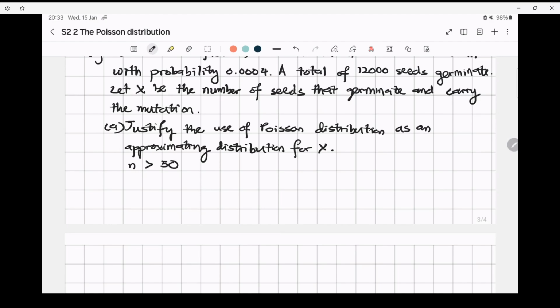You don't need to calculate anything. Second thing is to look at n multiplied with p. This is 4.8, which is still less than 5.